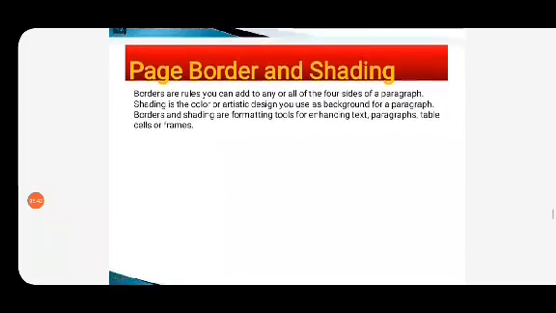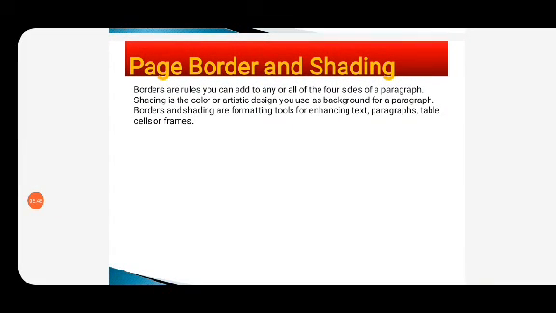Now, at the last, we have page border and shading. Borders are basically some rules you can add either to a particular page or all of the pages of a document, or even you can add a border to a particular paragraph. And shading is the color or artistic design that can be used as a background of a particular paragraph or a particular page.